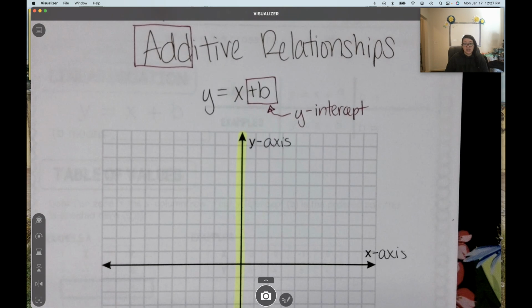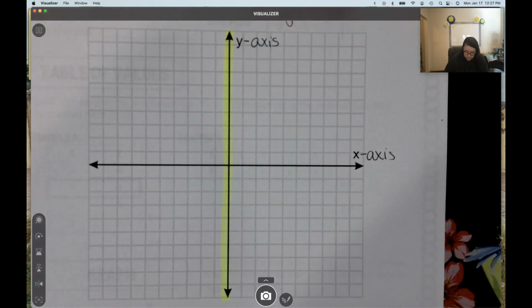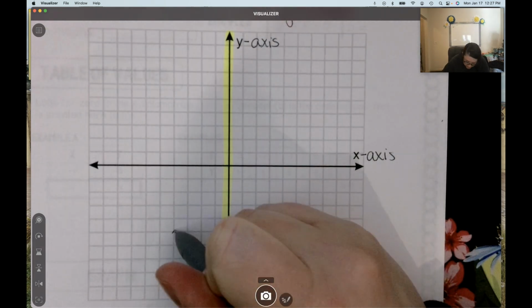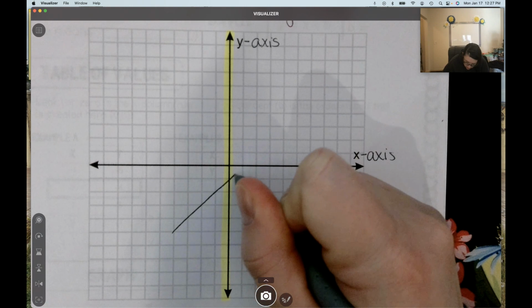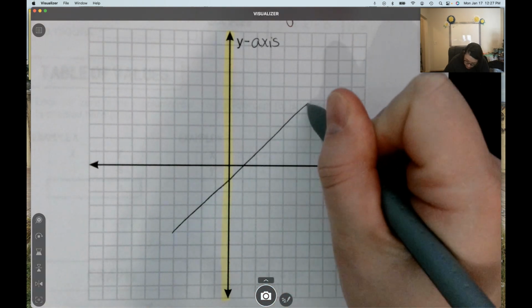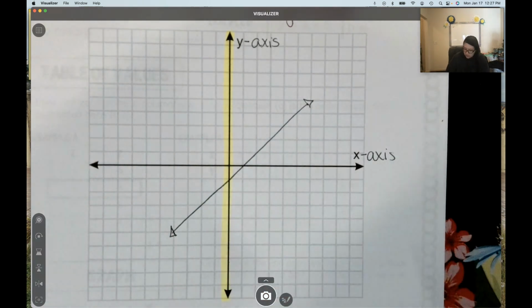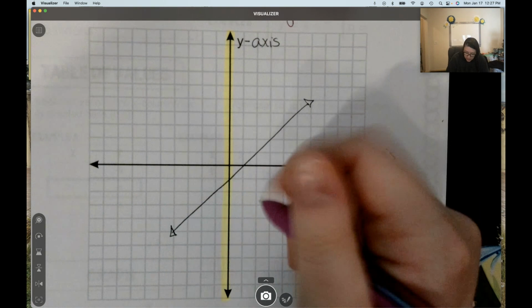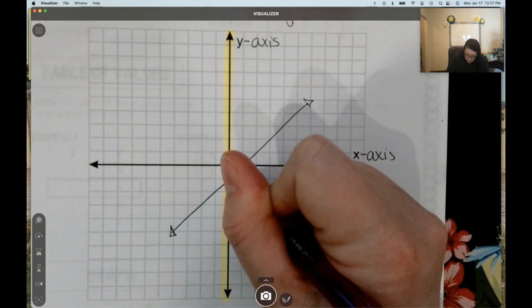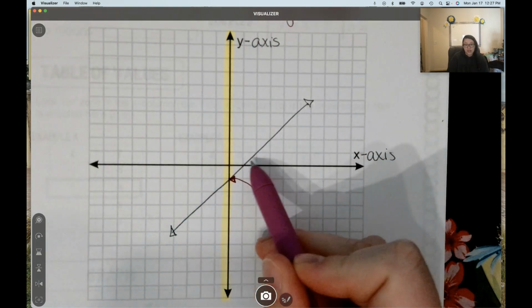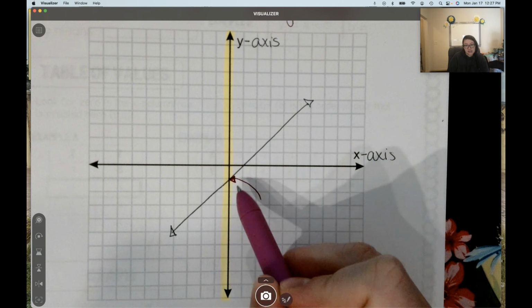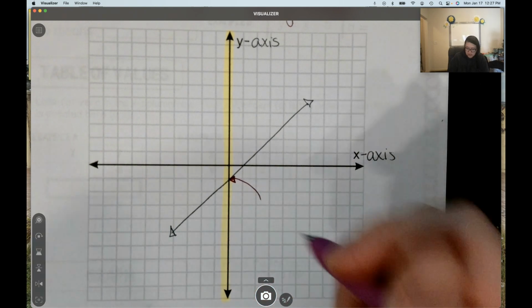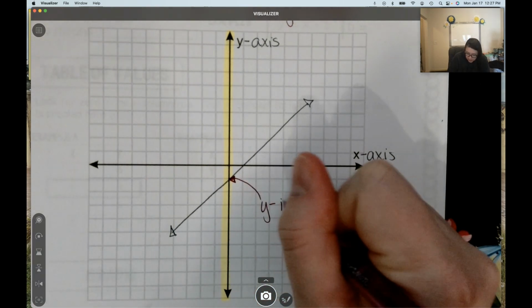And in an additive relationship, I'm going to have a line that goes through my graph like this. And this point right here, where my graph line crosses my y-axis, that one tiny point right there, that is my y-intercept.